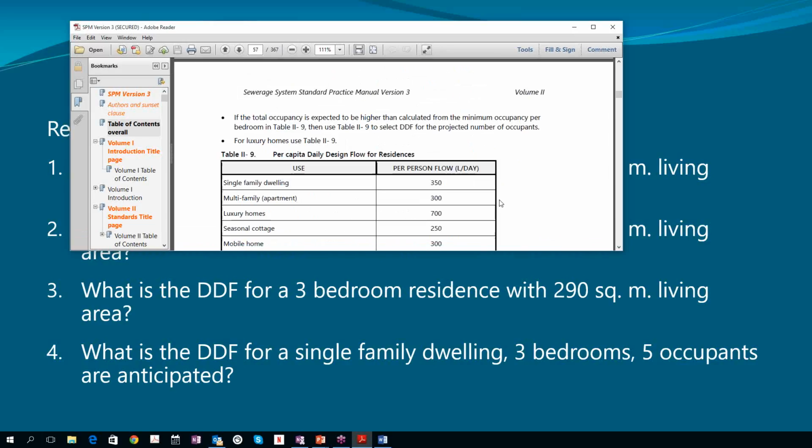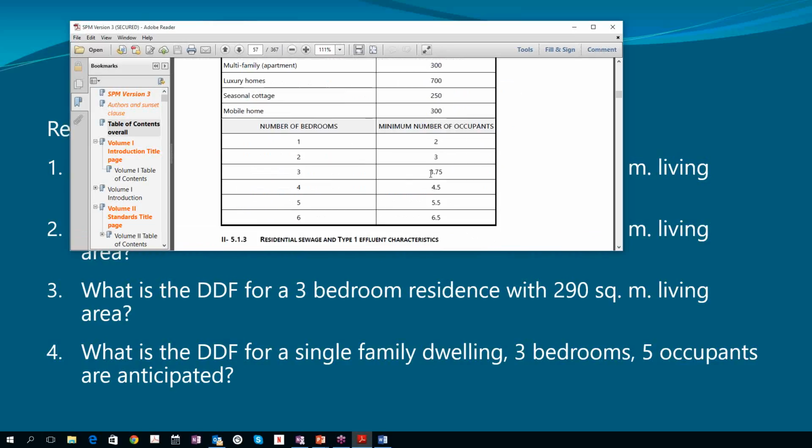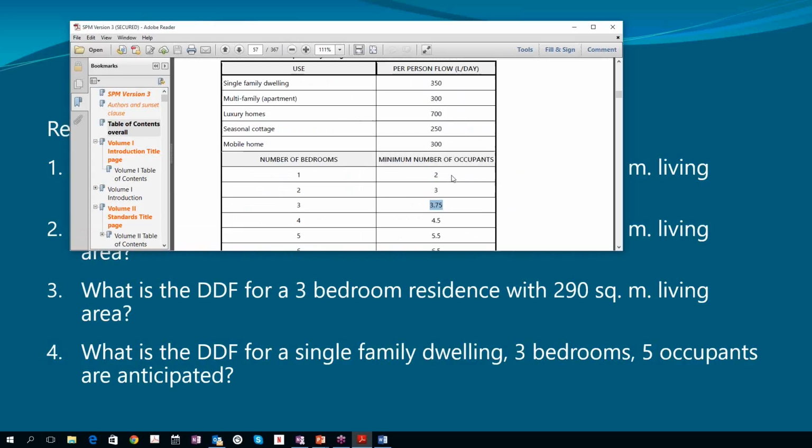Occupancy check, next page, next table. 3-bedroom house, minimum number of occupants 3.75, and the question says 5. So 5 is more than 4, more than 3.75. So now we do have to use the per capita. The answer is 5 times 350, which is 1,750, not 1,300.